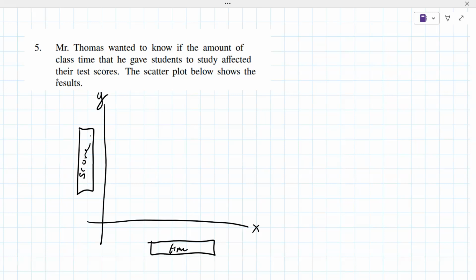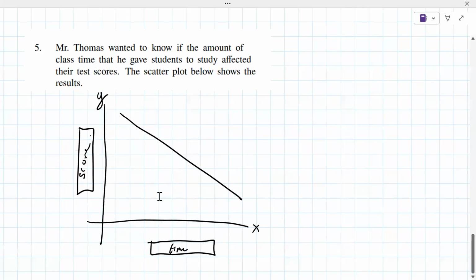Do you think the more time you study improves your test score or does not improve your test score? Improves your test score. Okay. So which direction should it go? Give me words like up, down, left, right. I guess that would be a negative, like down.